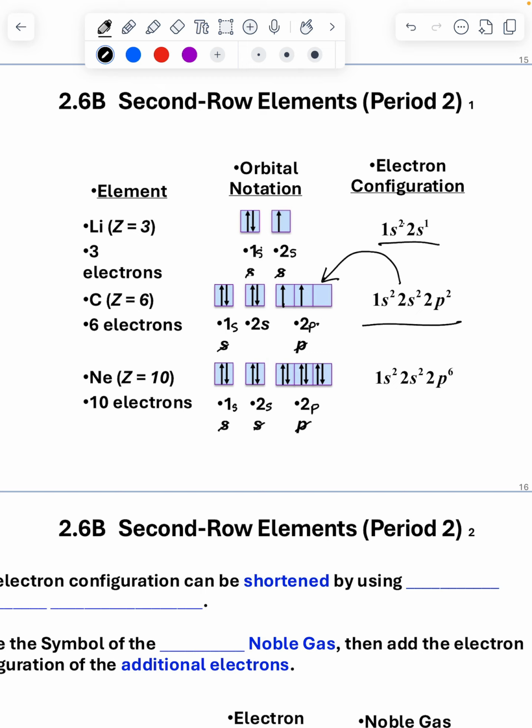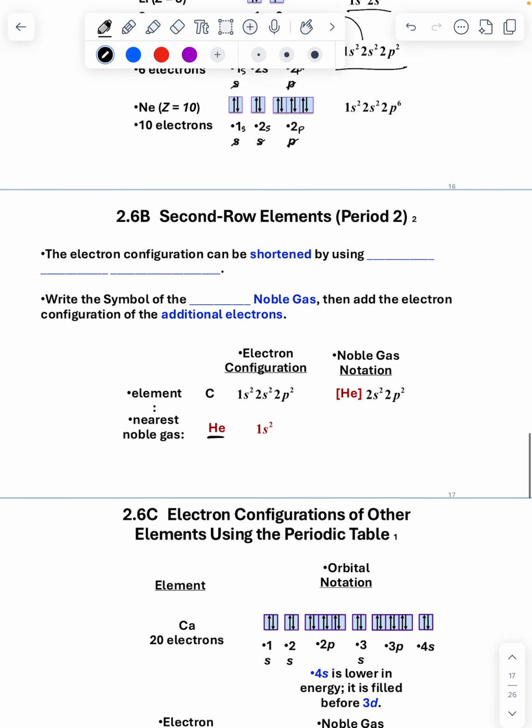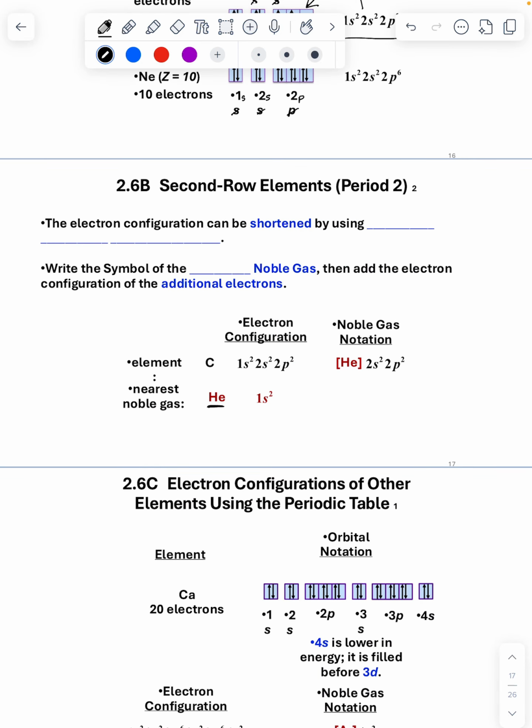All right, let me teach you about a shortcut. It's nice to find a shortcut every now and then. So the shortcut for electron configuration is called the noble gas configuration. If you remember our discussion of the periodic table, group 18, the very last group on the right, were called noble gases.